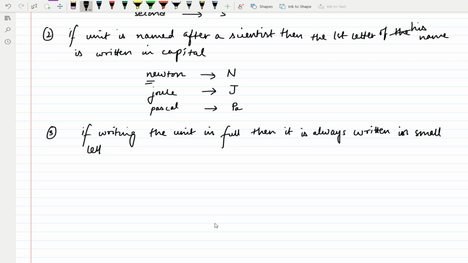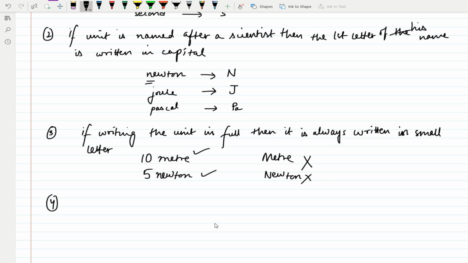Now what does this mean? It does not depend on whether the unit is named after a scientist or not. If you want to write meter completely, you will not write capital M. Similarly, if you want to write Newton in full, you will not write it with a capital N. If you want to write 10 meter, you will write it in small letters, and if you want to write 5 Newton, you will write it in small letters too.